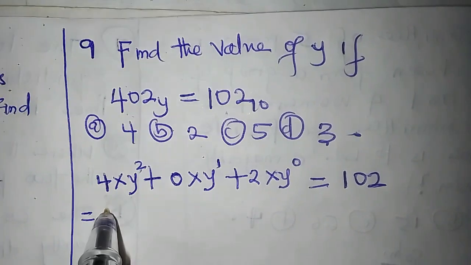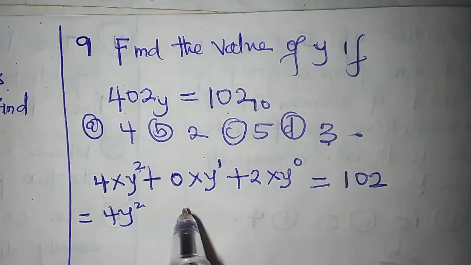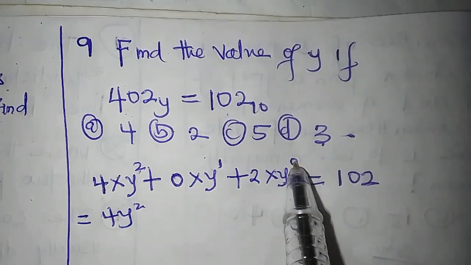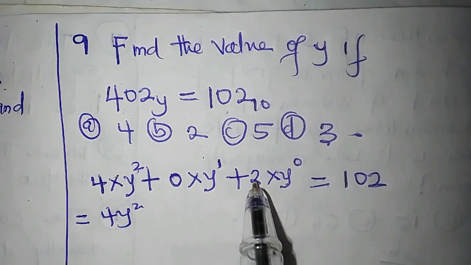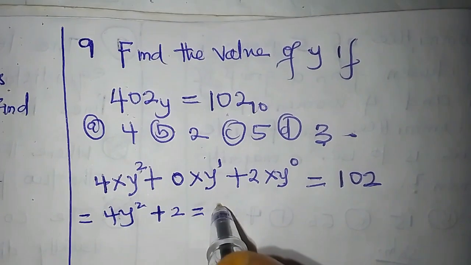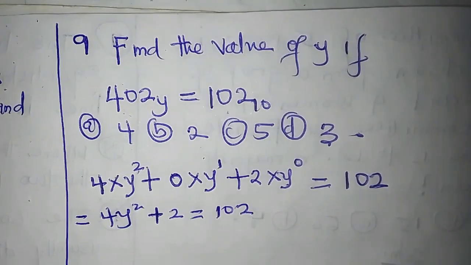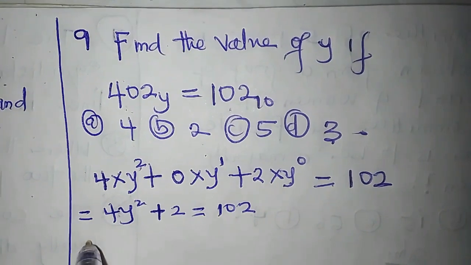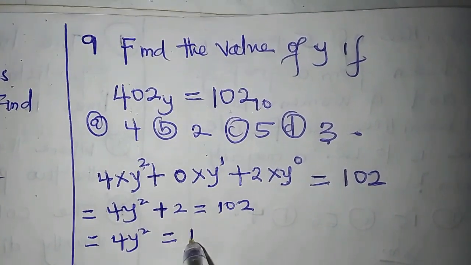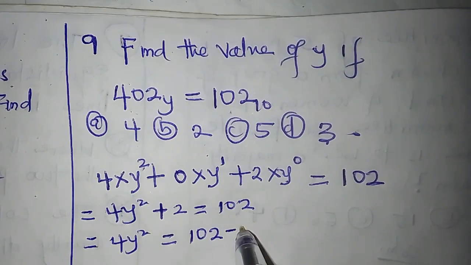y squared times 4, that's 4y squared. 0 times y is 0, that's out. y to the power of 0 is 1. 2 times 1 is 2. So let's collect like terms. We have 4y squared is equal to 102 minus 2.